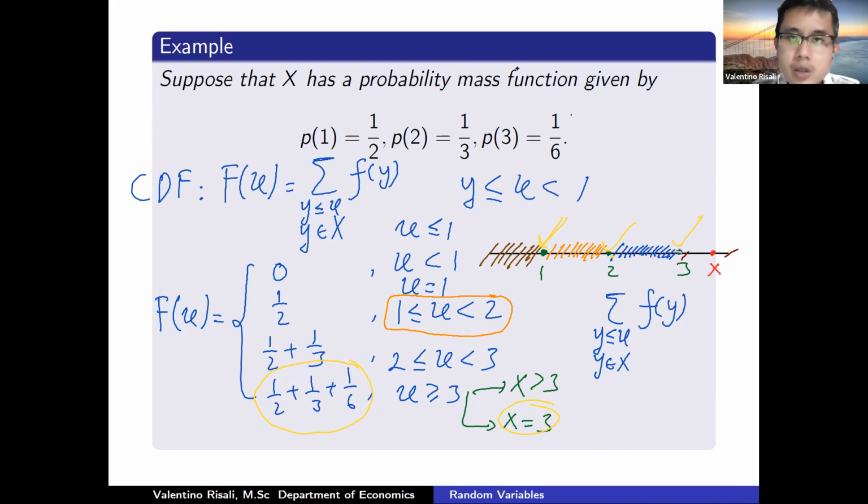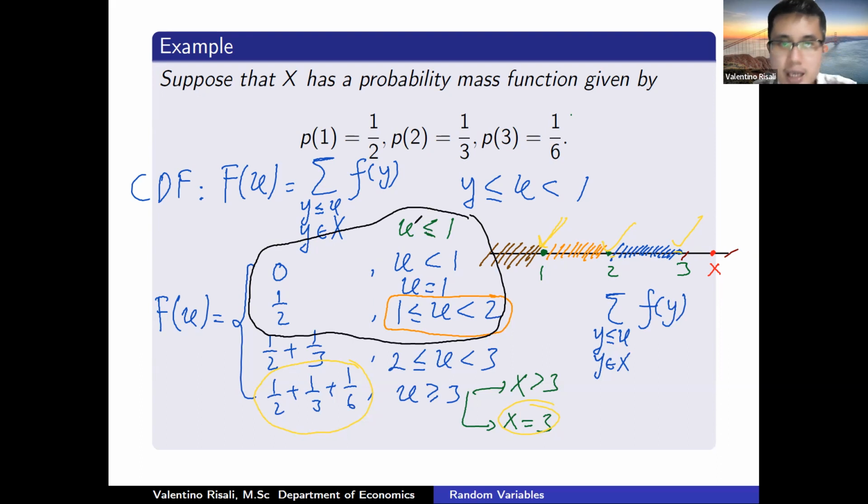I'm sorry, I will use another color. If we write x less than or equal to 1, there is a contradiction with the second interval.